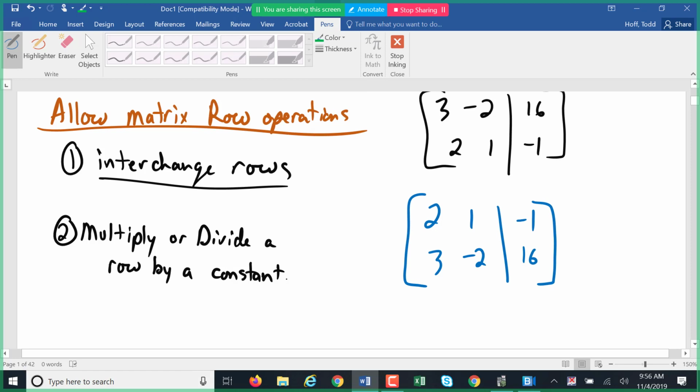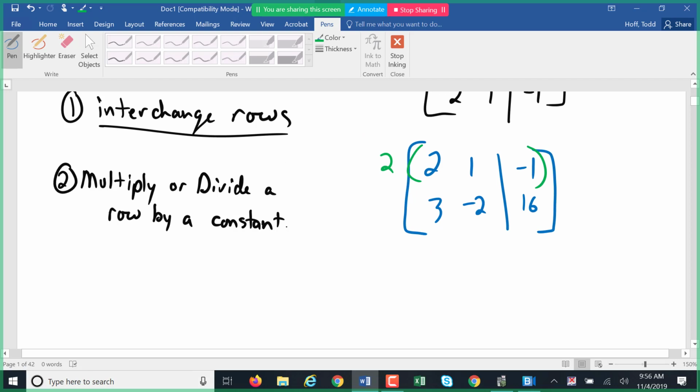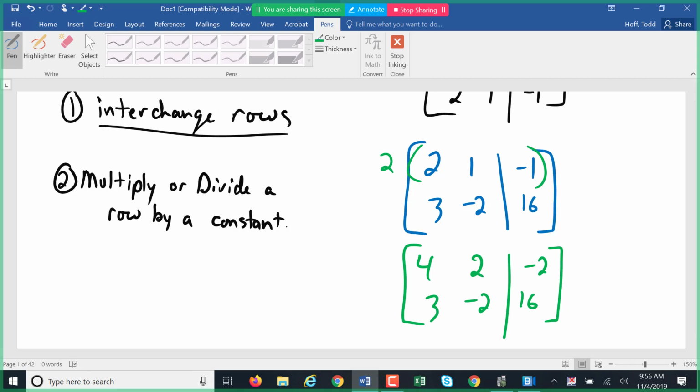Multiplying a row here is that equivalent. So I could take this first row and multiply it by the constant 2. So that first row is going to become 4, 2, -2. And the second row, of course, hasn't changed. There's my new matrix. I just multiplied a row or divided a row by a constant.